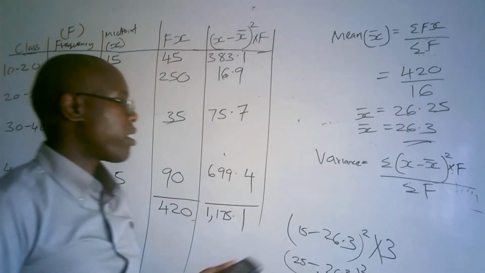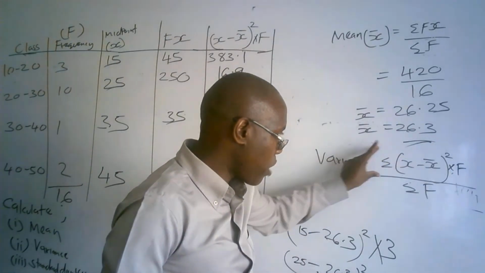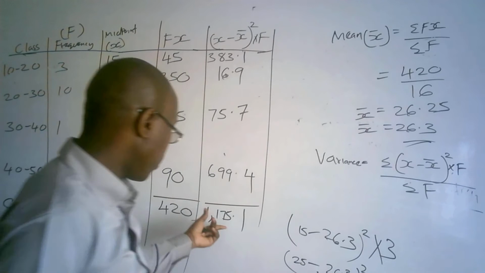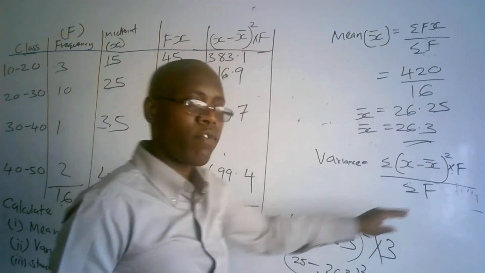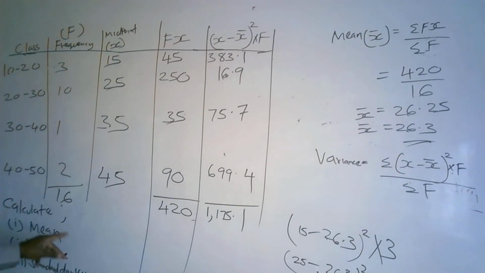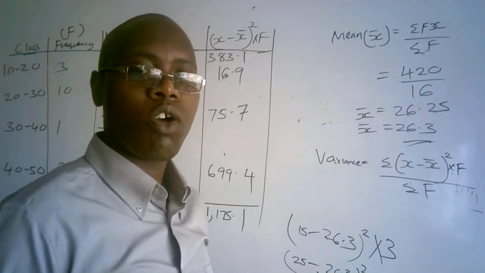So now you have the summation of that one. So we have now the whole of this part of the formula. This is the answer that we are supposed to get. And then of course you have the summation of f. You can check, the summation of f is 16. Meaning that now I can calculate variance comfortably.